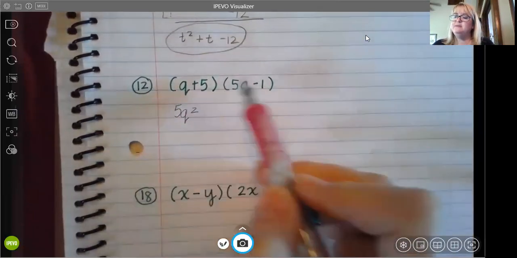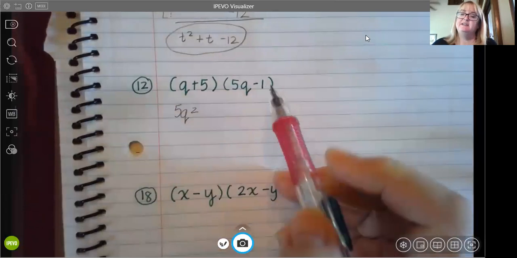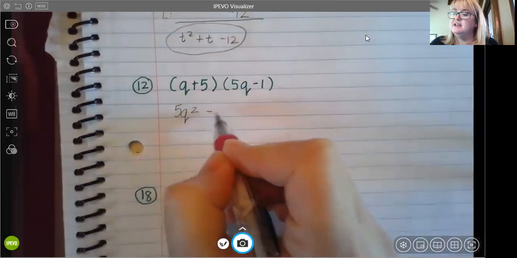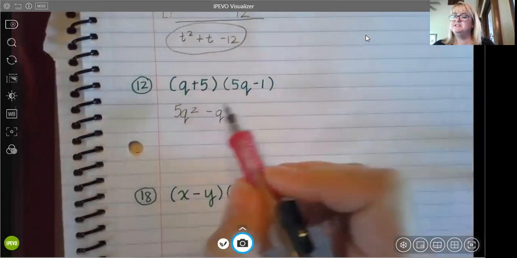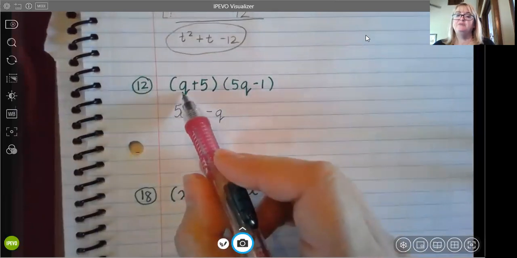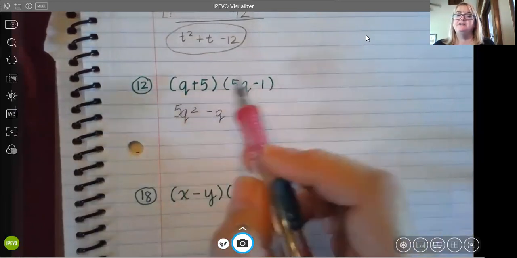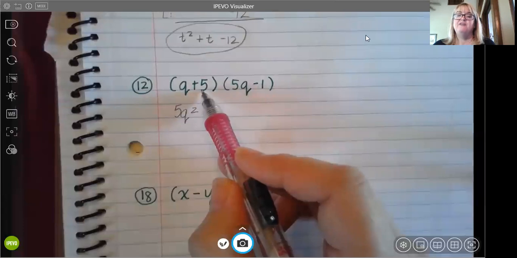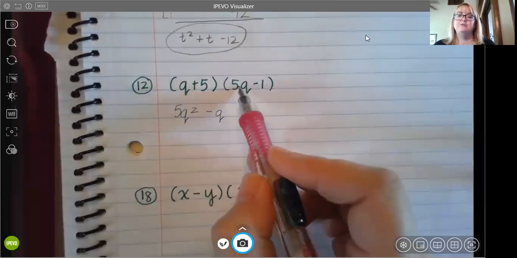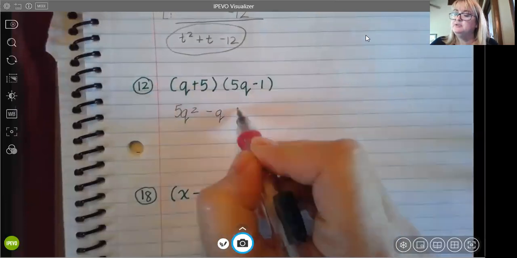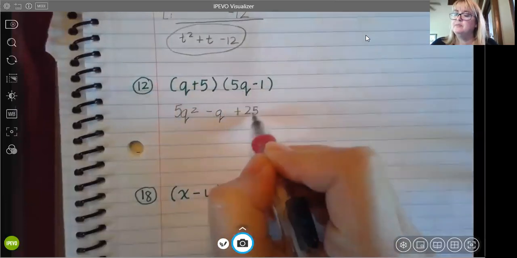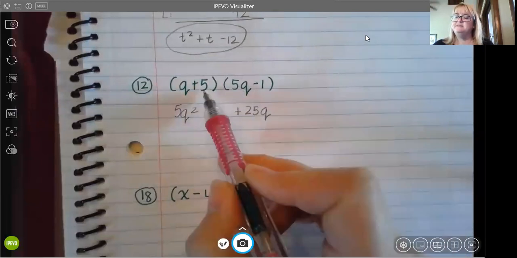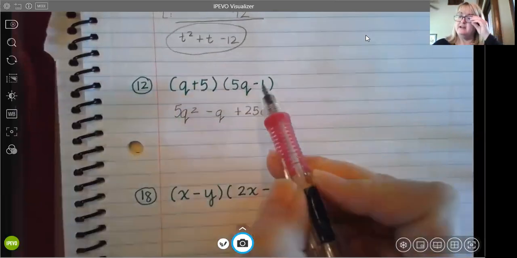And then q times negative 1 is negative 1q, or just negative q. So 5q squared minus q, that's after I multiplied q by both terms. Now I need to multiply the 5. 5 times 5q would be 25q. They're both positive, so it's plus 25q. And then 5 times negative 1 would be negative 5.